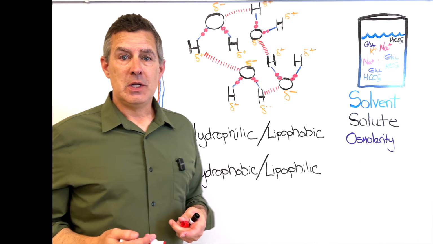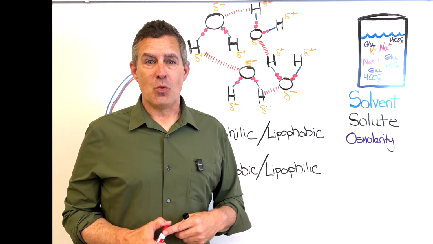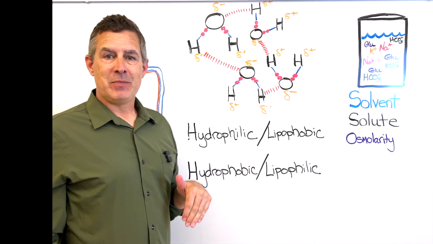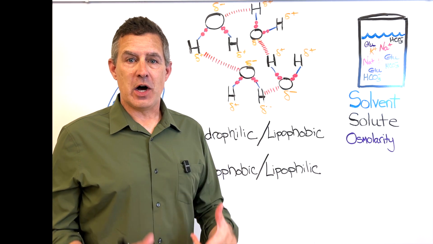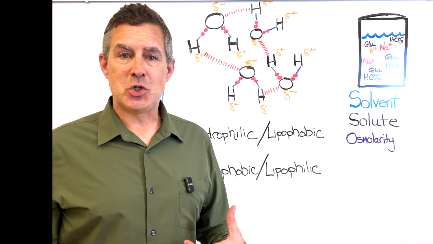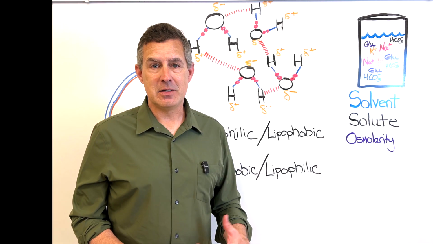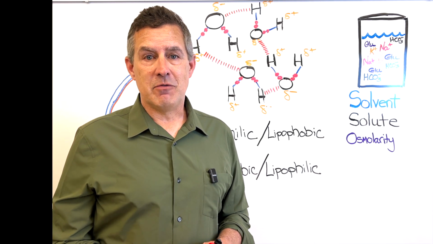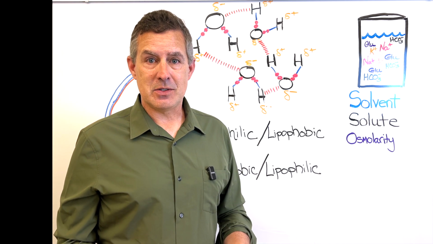Okay, so one thing I should point out is that because water is polar, it gets along well with other polar molecules or charged atoms. Once again, charged atoms are known as ions. Positively charged atoms are cations, negatively charged atoms are anions.